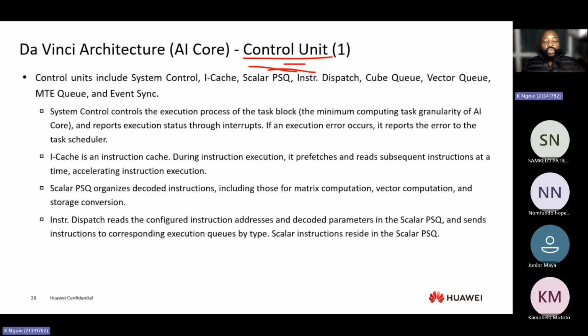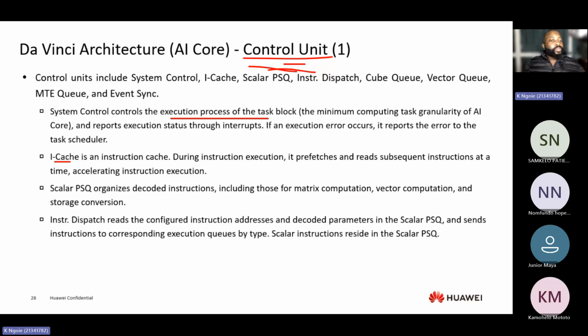The control unit will include a system control, an iCache, a scalar PSQ. These are just part of the control unit. The system control will control all the execution process tasks, and then the iCache will save certain information about a certain process or operation that had previously happened.